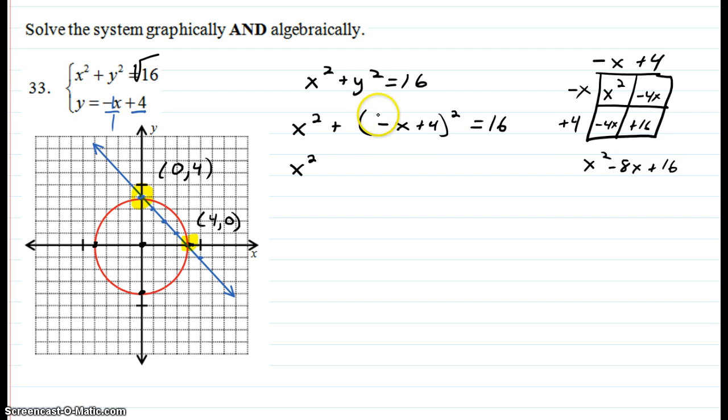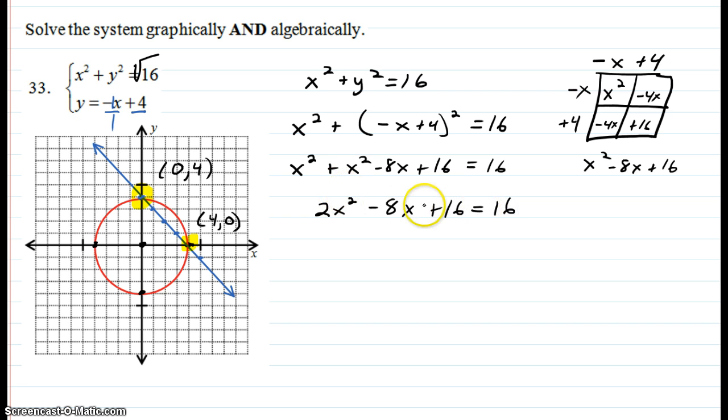And you would have got the same thing if you used my shortcut of square, double, square. So we have x squared minus 8x plus 16 equals 16. So clean this up, and we get 2x squared minus 8x plus 16 equals 16.